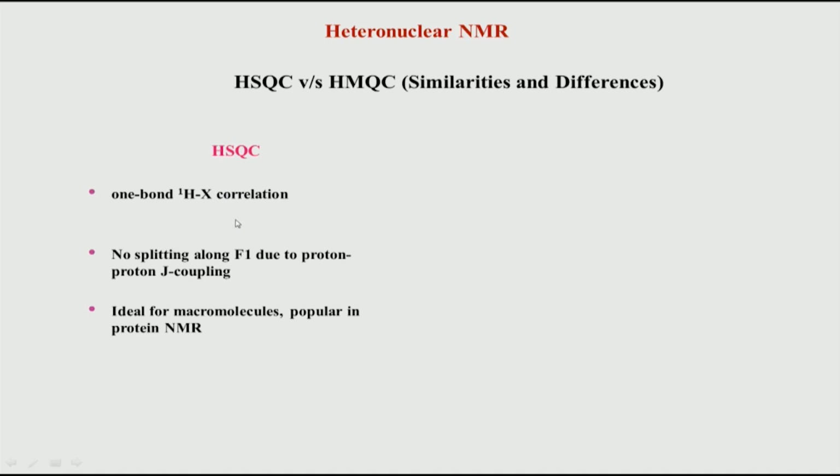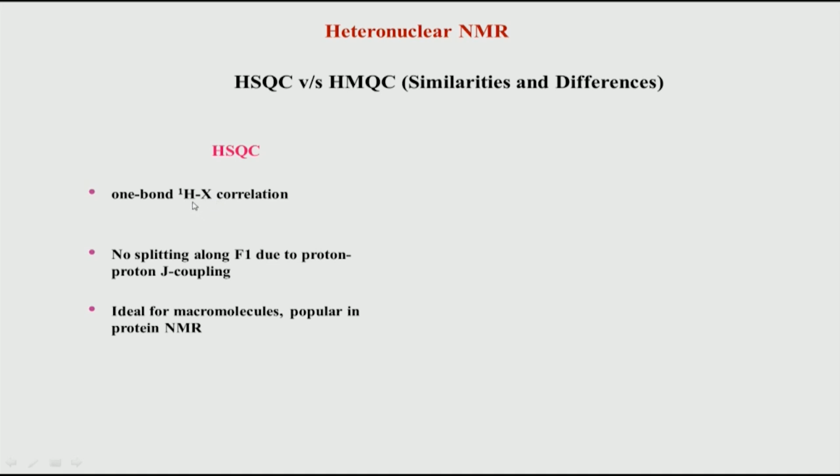Remember, we looked at the INEPT pulse sequence block, and there we discussed that you have to calculate the delays exactly for the coupling value. If you do not set the delay in INEPT according to the coupling value, the efficiency of transfer is less. So, to get maximum transfer, we have to tune it to the coupling value.